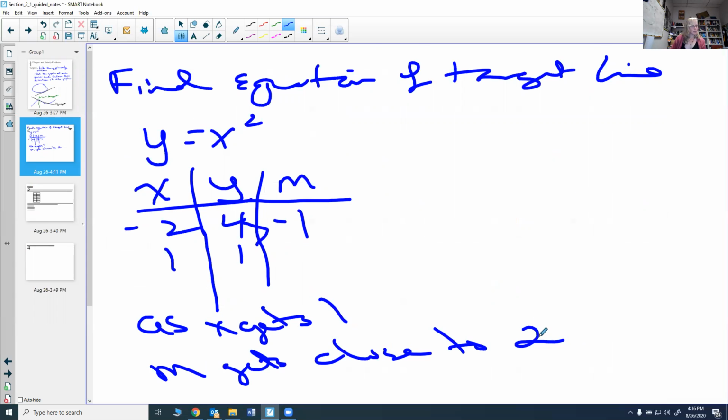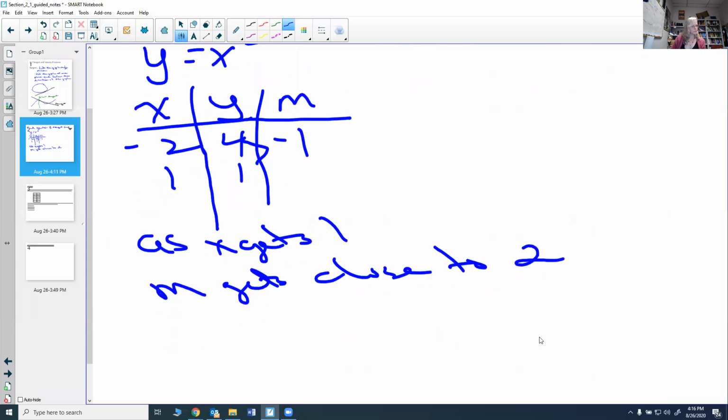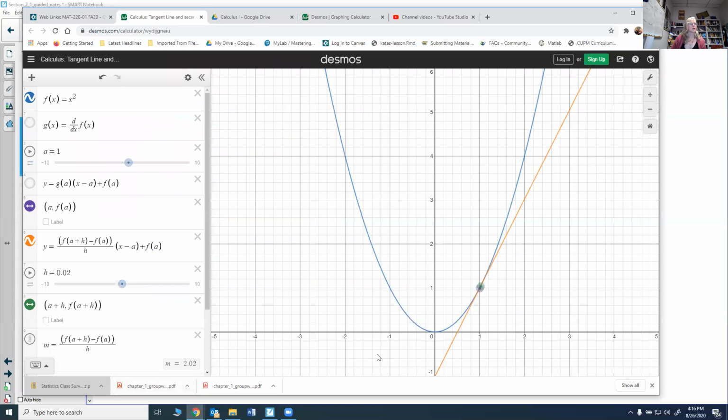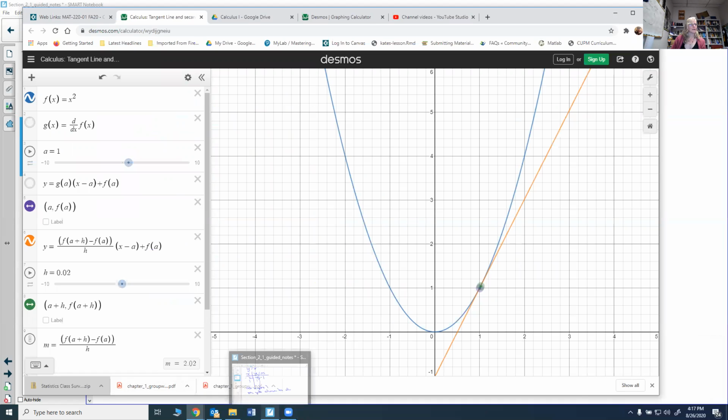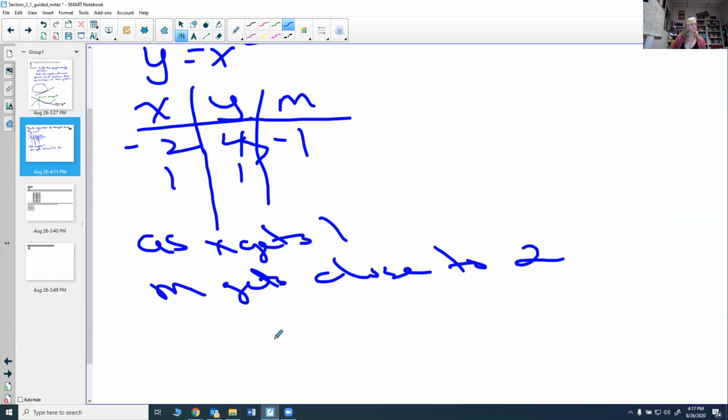So that tells me that most likely that slope is 2. Let's look at that real close, just to make sure. We can see that the slope looks to be about 2 right there. So it looks like our slope is getting closer to 2.